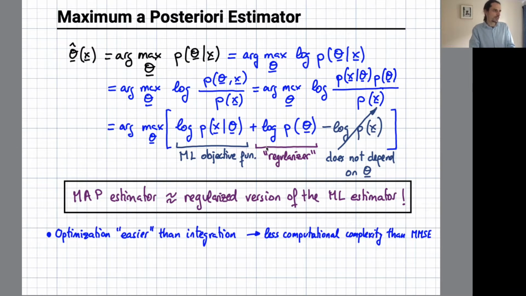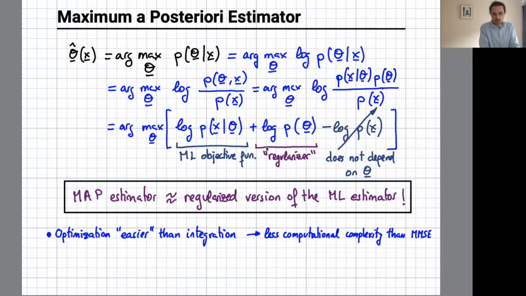And here a couple of remarks are in order. First, remember that the MMSE estimator is the posterior mean, okay? And therefore it is an expectation, right? So an integral, right? And in certain cases, one can solve that integral in closed form, okay?